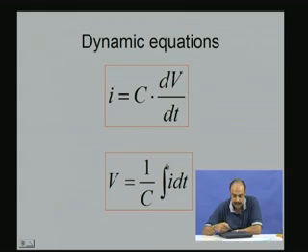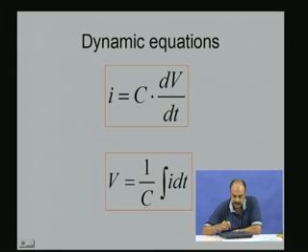Now, this integral here implies that there can be history, there can be an initial condition. So, the initial condition as far as the capacitance is concerned will be a voltage value. Therefore, the capacitor remembers voltages, it can remember the immediate past value of the voltages, and voltage is the state value or the state variable for the capacitance.